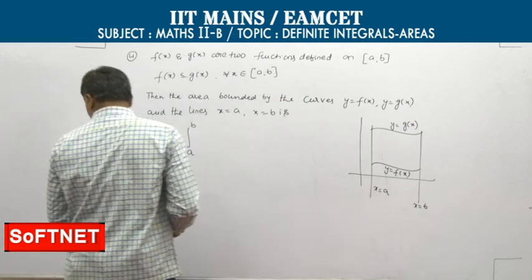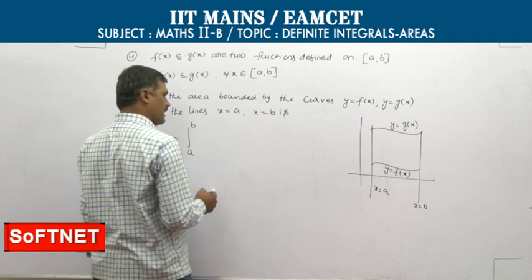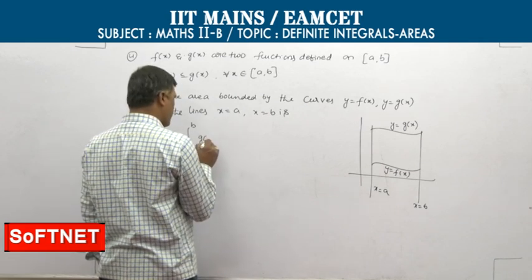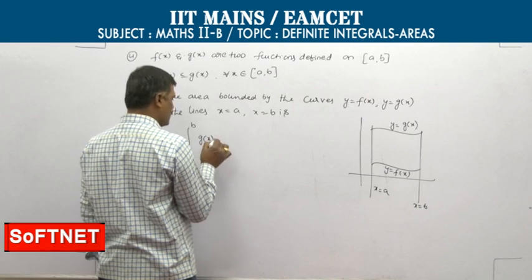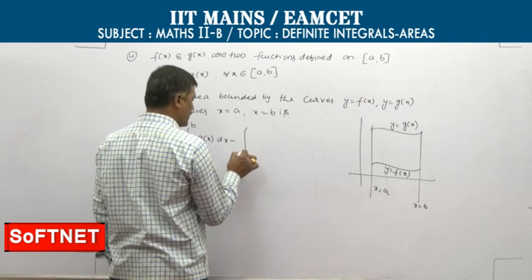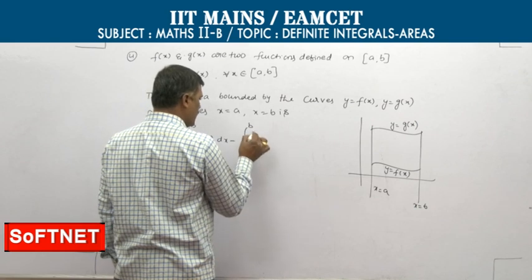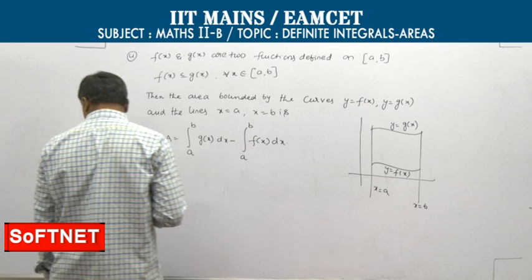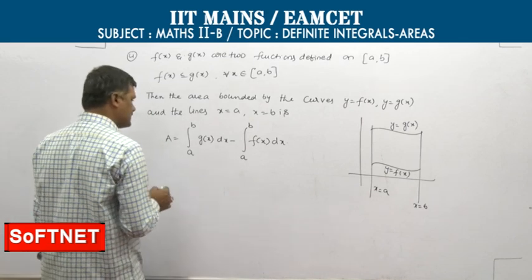So its area is integral of a to b g of x dx, the area of the upper curve, minus integral of a to b f of x dx.